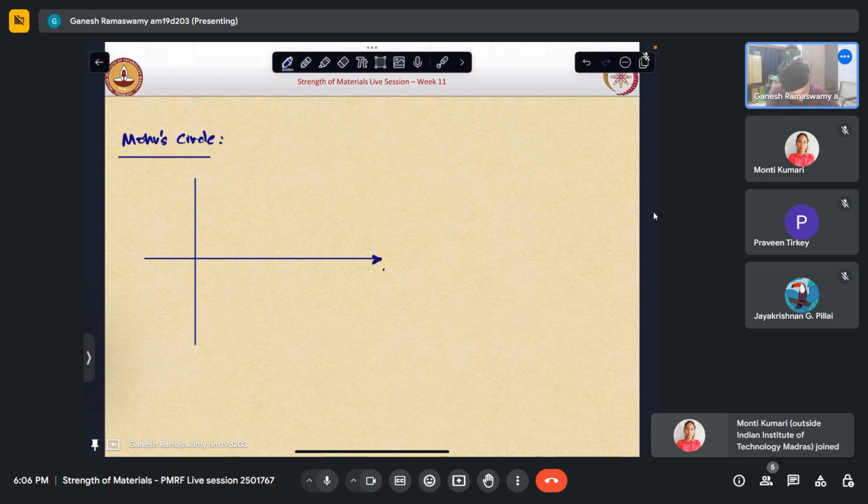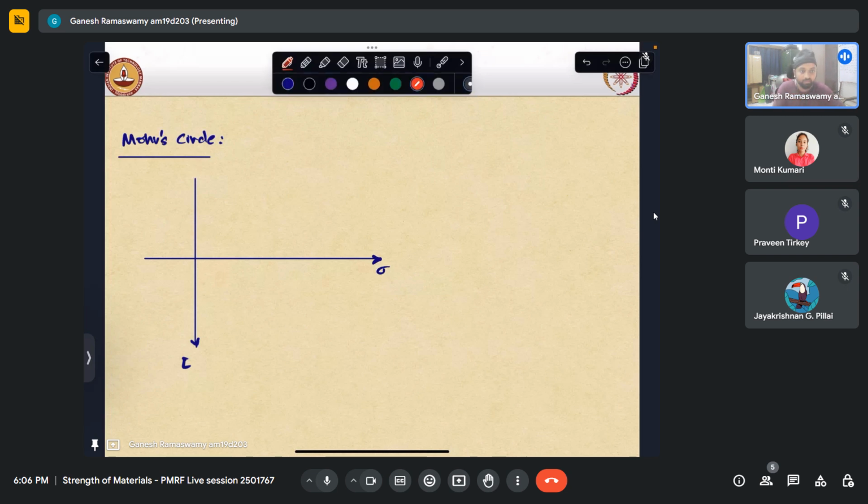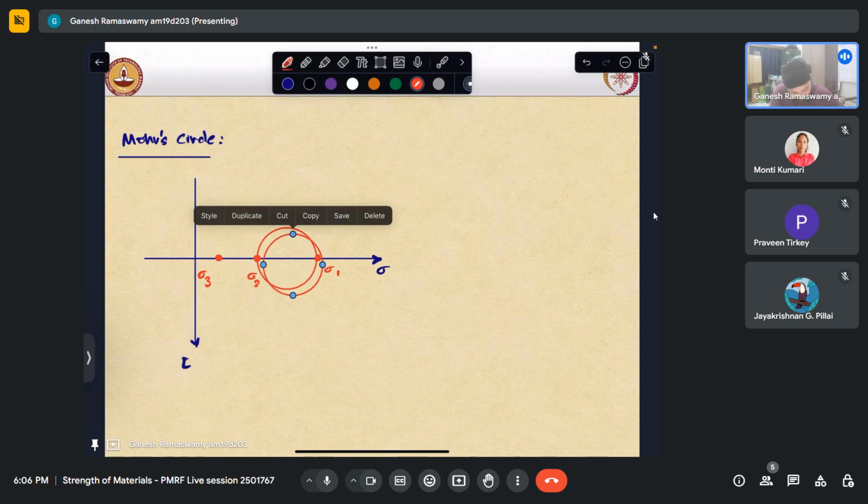This is sigma and this is tau, and then we have three positive principal stresses. Just for example, this is sigma 1, this is sigma 2, and this is sigma 3. If I join these two like that, this is the Mohr circle in the 1, 2 plane. Similarly, we have the 2, 3 plane, and then here we have the 1 and 3 plane.